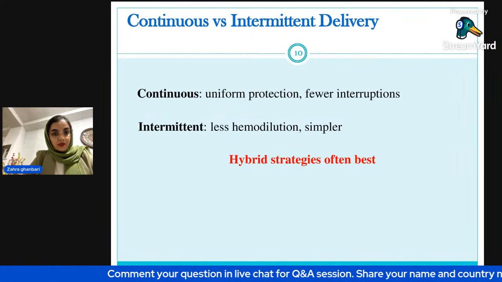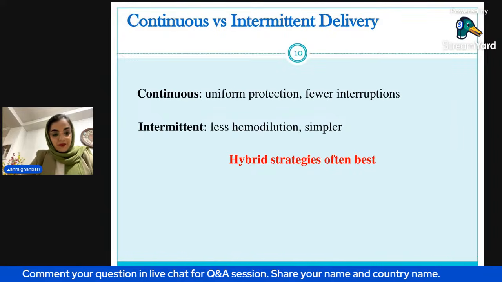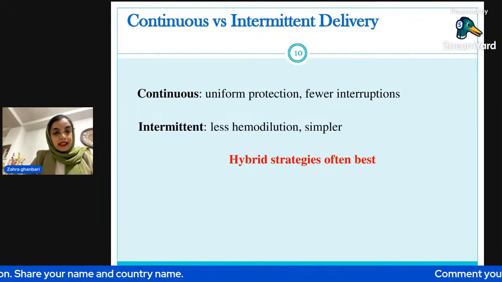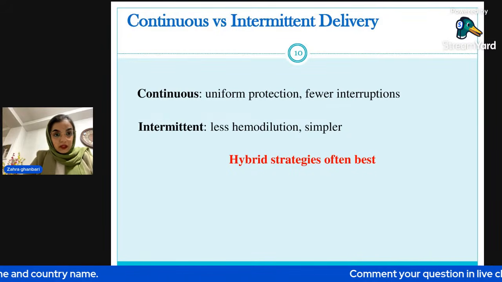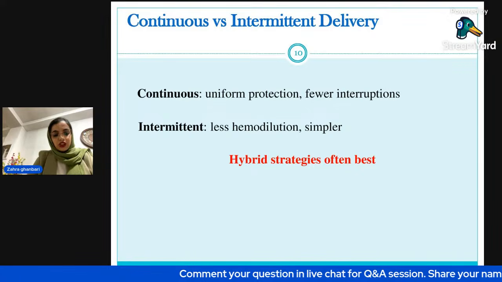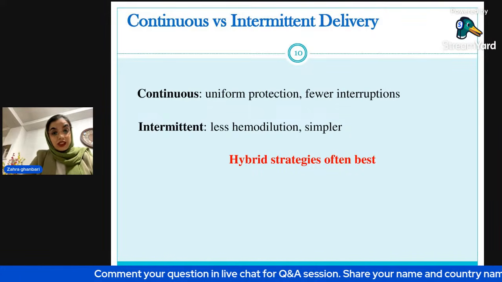It is used in long surgeries, multi-graft procedures, and hypertrophied heart. About intermittent delivery, cardioplegia is given in periodic doses, not continuously.